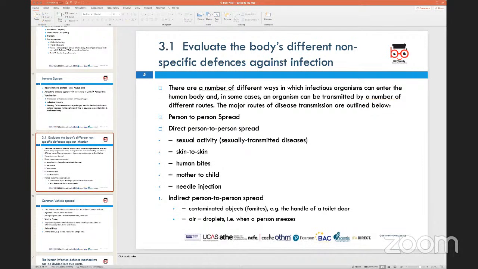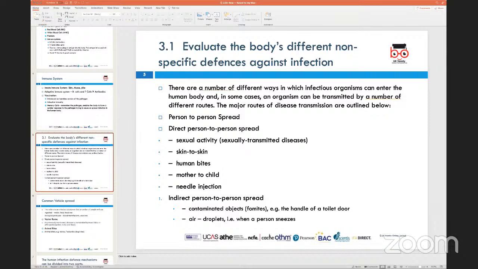But these reactions would be mild or would remain at the surface of your body itself. They might not enter the body, and they would be killed off by your physical barriers, or innate immunity barriers, as we call them.